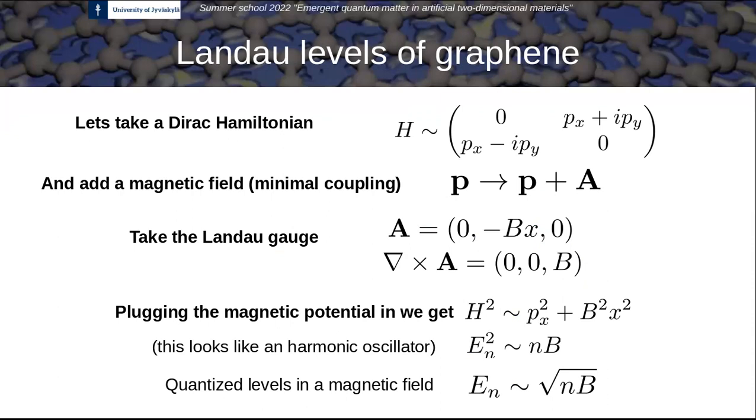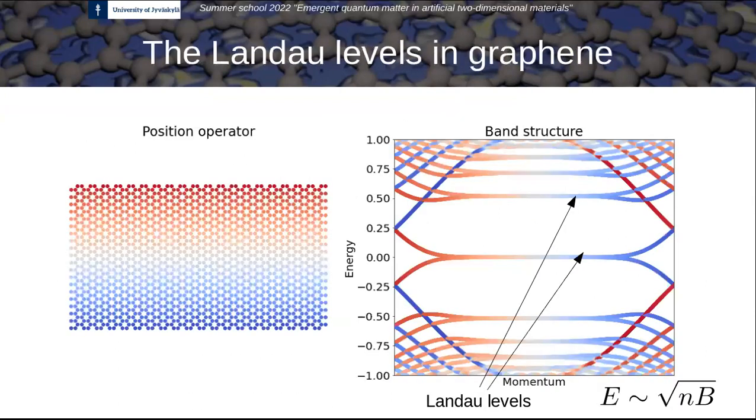So when the Hamiltonian was a harmonic oscillator, you had a B dependence. When the square of the Hamiltonian is a harmonic oscillator, you get the square root of B dependence. And this is the simple reason why for Dirac electrons, and in particular for graphene, the dependence on the magnetic field is different from conventional electrons.